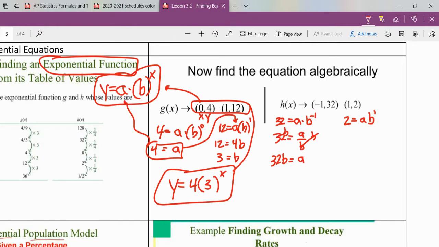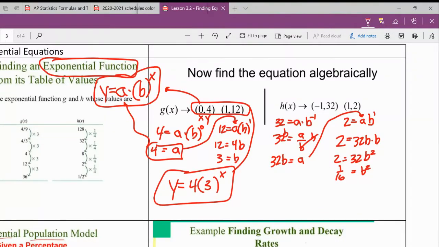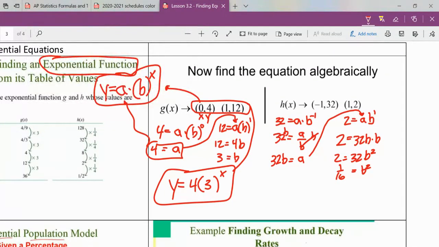I solved this for a, so I can substitute this into the a over here. I'd have 2 equals 32b, and then times that b to the first. This is really 2 equals 32b squared. Divide by 32. 2 divided by 32 is 1 over 16. If I square root both sides, I get b equals 1/4. I actually get positive and -1/4.